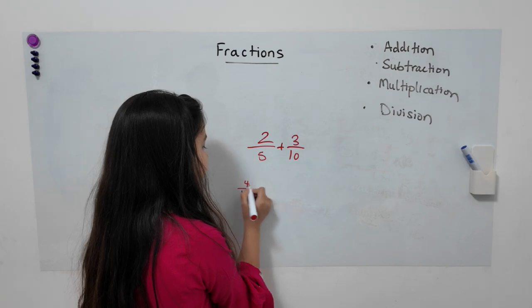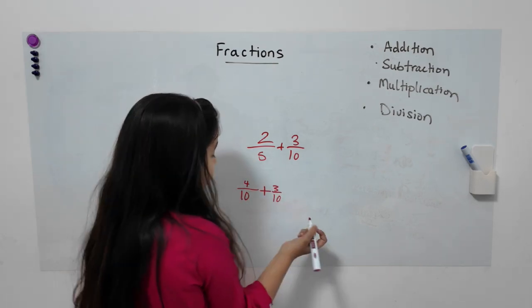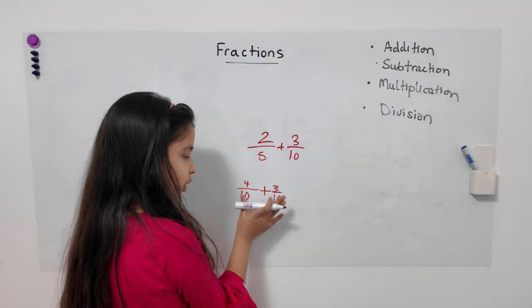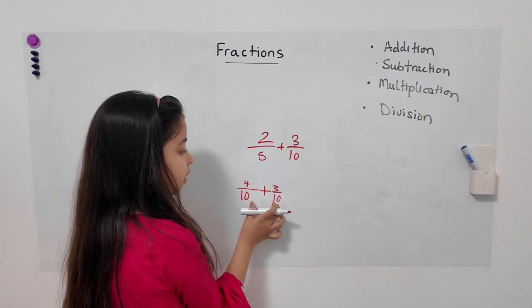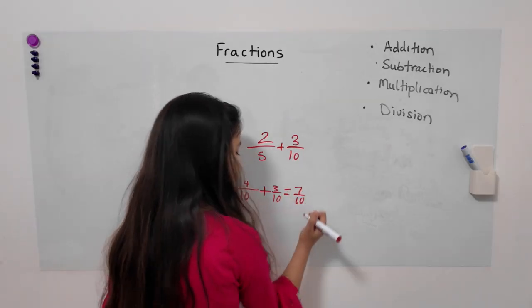So it will be 4/10 plus 3/10, and we do not add the denominators. We only add the numerators if the denominators are the same. And my answer will be 7/10.